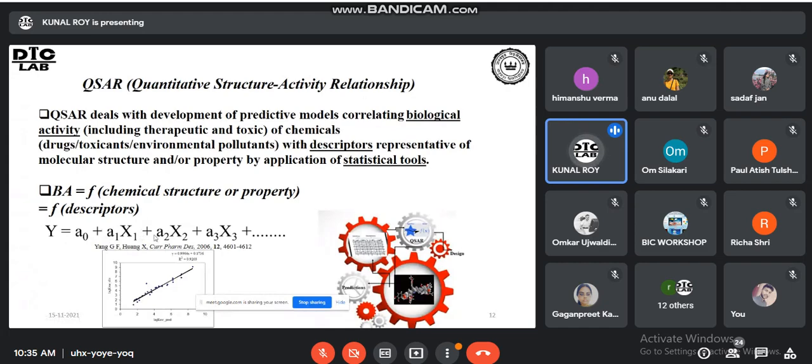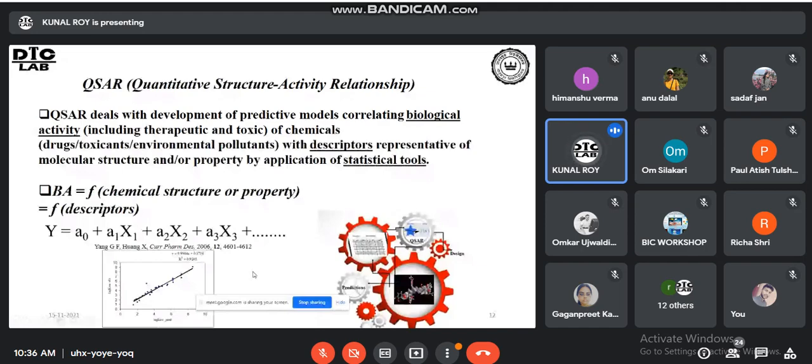Now, when we get this kind of relationship, actually this X1, X2, X3, these are descriptor values. So these are known from chemical structure or some derived properties. Once these values A1, A2, A3, and so on, we have the equation known to us.